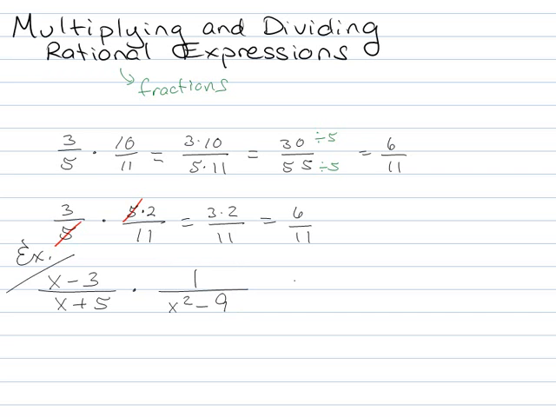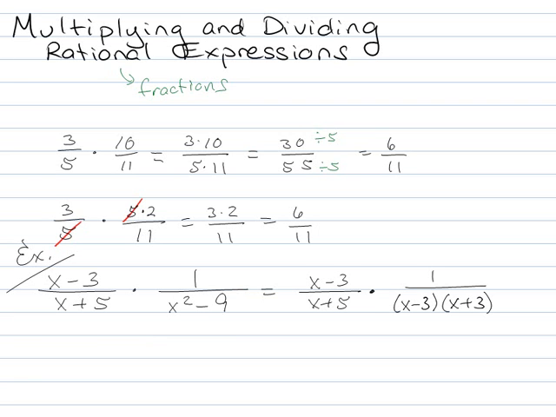Now, ideally what we want to do is go ahead and factor everything out. So I can say that's x minus 3 over x plus 5 times 1 over, and I recognize that this here is the difference of two squares, so I can factor that as x minus 3, x plus 3.